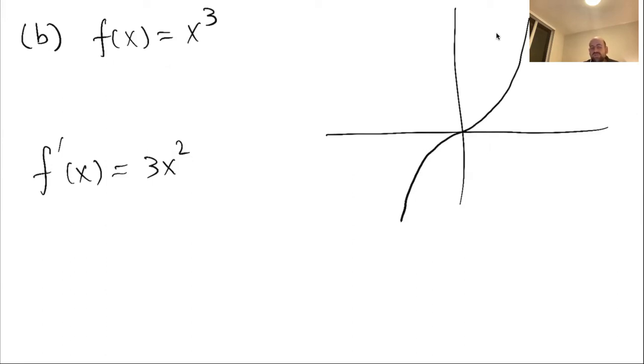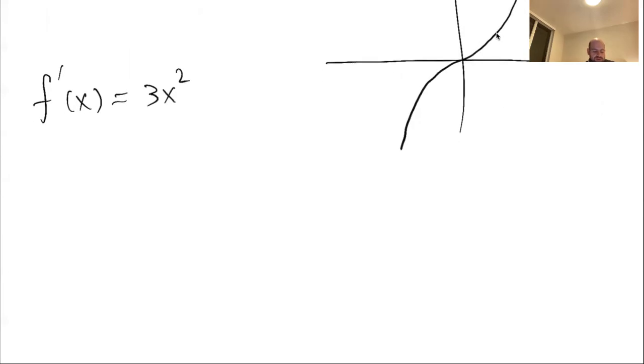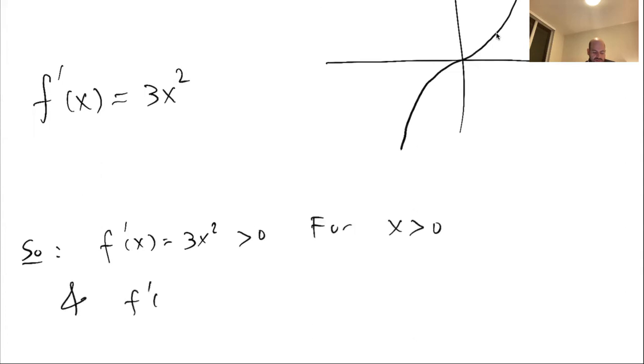I need f prime to be positive, bigger than 0, not bigger than or equal to 0. So when can I say that f prime of x is positive? f prime of x equals 3x squared is bigger than 0 for x bigger than 0, and f prime of x equals 3x squared is bigger than 0 for x less than 0.